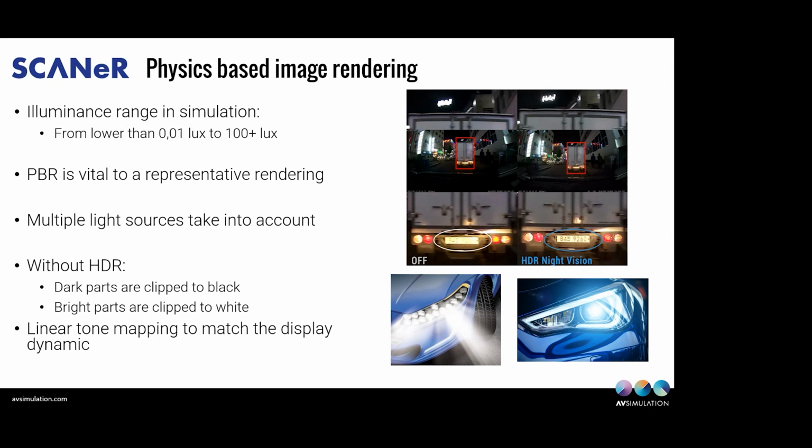If you have a display that proposes a shorter range of colors, we're able to still have a representative simulation of this use case, the headlights use case, and actually see colors that are as close as possible to what would be in reality.